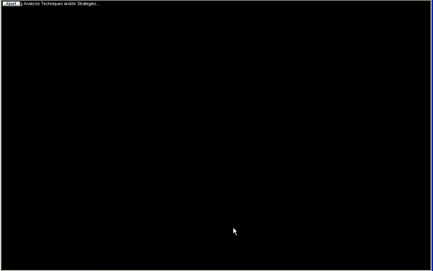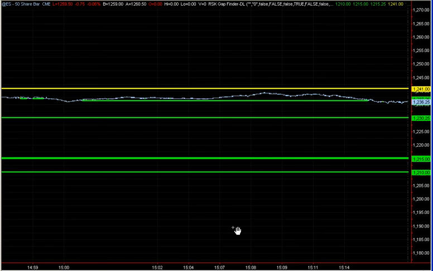So what do we find? At the close of this particular day, there were several remaining gaps. One at a price of 12.30.25, another at 12.15, and a third at 12.10.